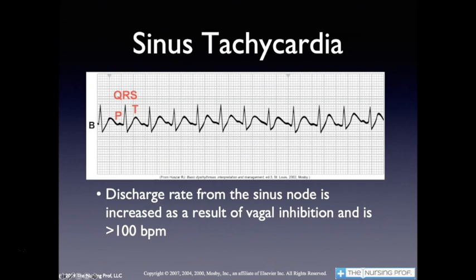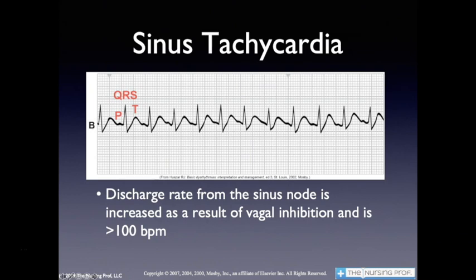Now, on this EKG, it may be harder to see the P wave. If you look at the complex that's marked, the second one there that's marked, you can see there's a P wave that precedes the QRS complex. Okay, so there's a P wave. The QRS complex is not wide. And we have kind of a depressed ST segment, so it makes it look like it might be a little wide.